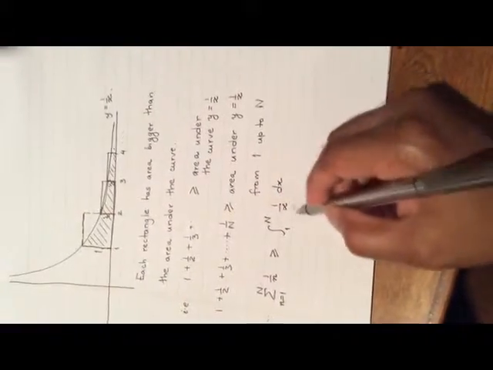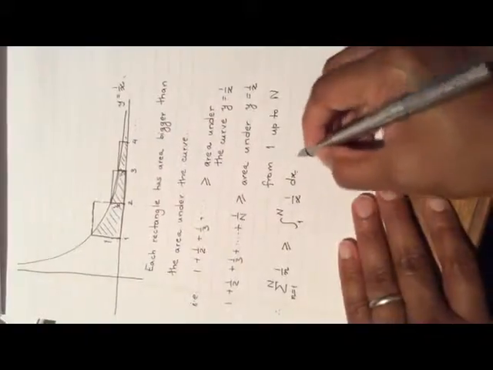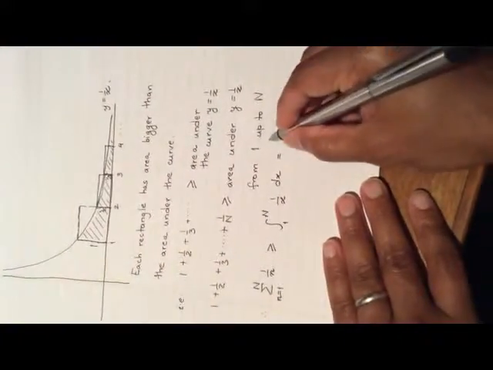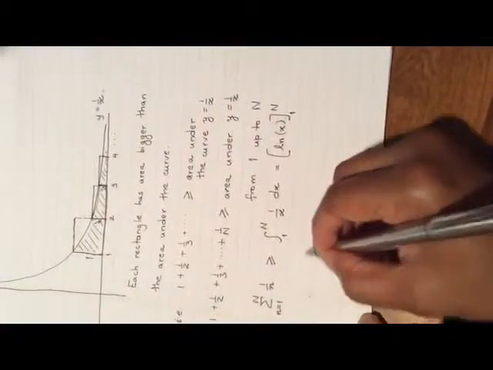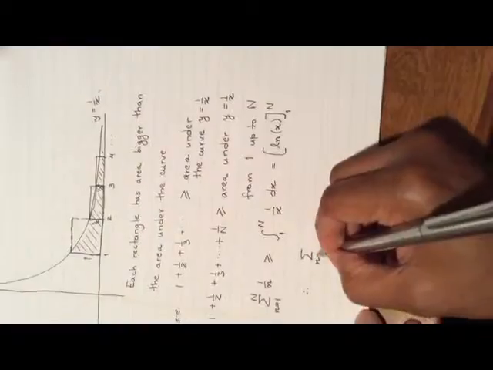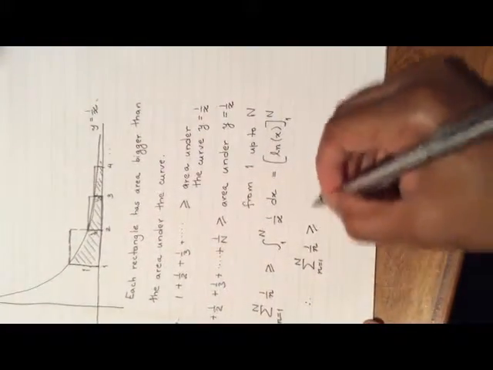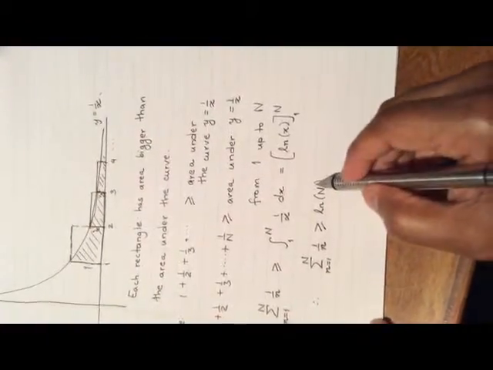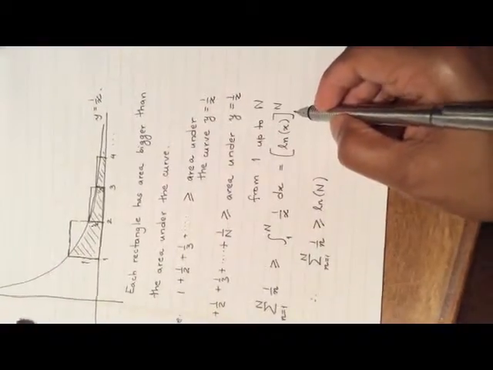But we know an antiderivative of 1 over x is the natural log of x from 1 to N, and therefore summation n goes from 1 to N of 1 over n is bigger than or equal to the natural log of N. Well, really, natural log of N minus the lower limit, natural log of 1, but that's equal to 0.